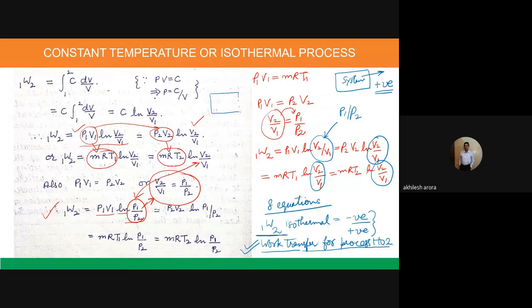Whereas if the scenario is different, for example, this is the system now and the direction of the work transfer changes, so it is from the surroundings to the system. Now this is work done on the system, and this work is actually negative work. So if in the question you are calculating the work transfer and it comes out to be negative, you should not worry about that.